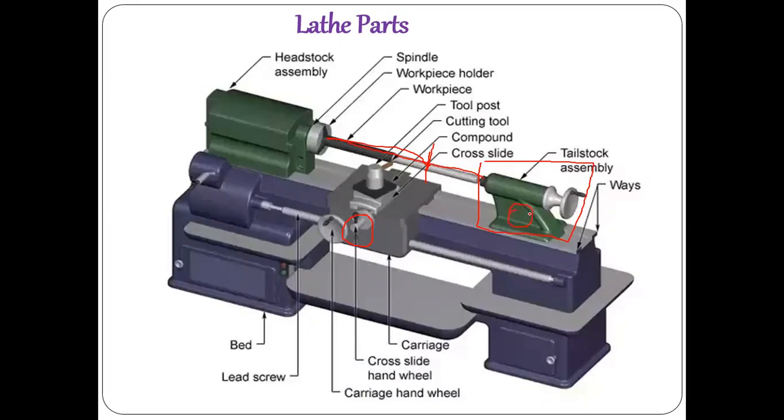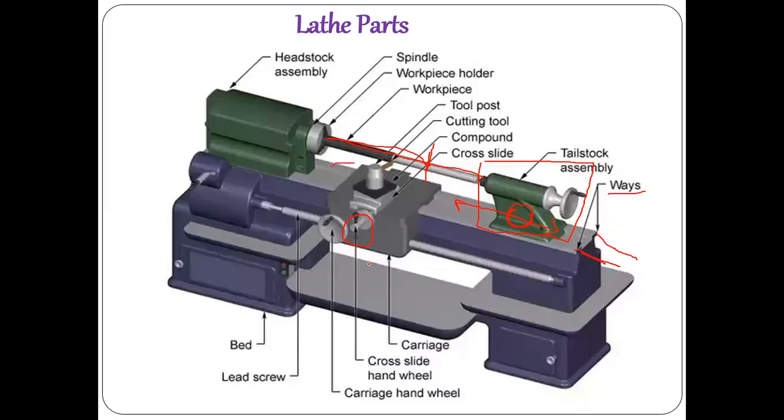If you unbolt it, the tailstock can move forward as well as backward. The tailstock moves on guideways, called the tailstock ways. In this guide way your tailstock moves forward and backward.